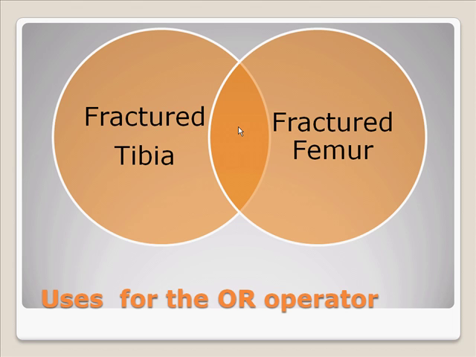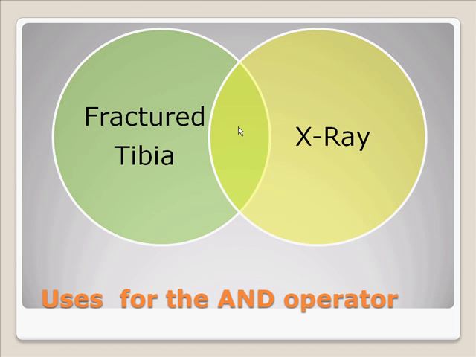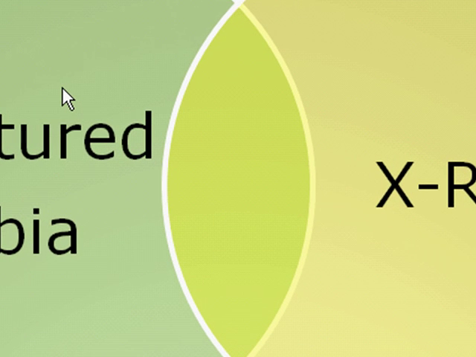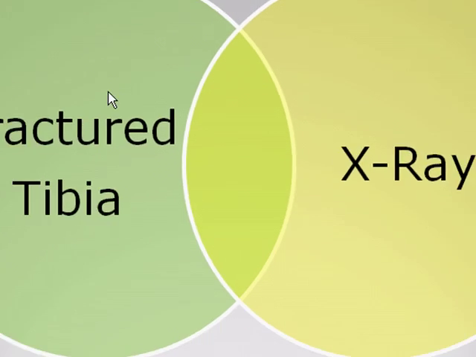What about the AND? I think an AND makes much more sense here. If we're using an X-ray with a fractured tibia, you'd only get the overlap, that middle section for results. So you'd get articles that would discuss the use of X-rays to determine if an individual has a fractured tibia.